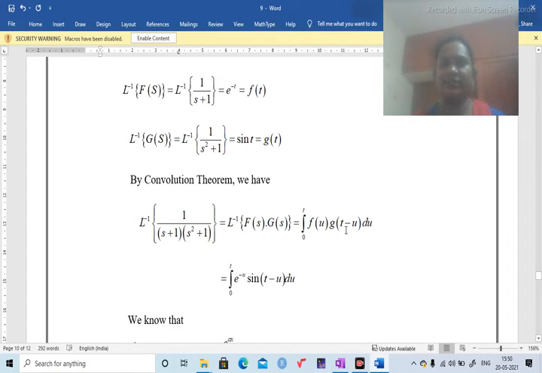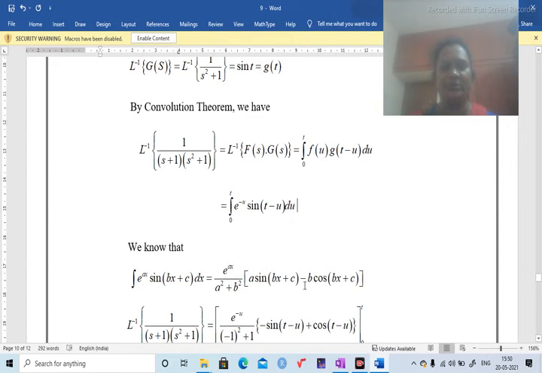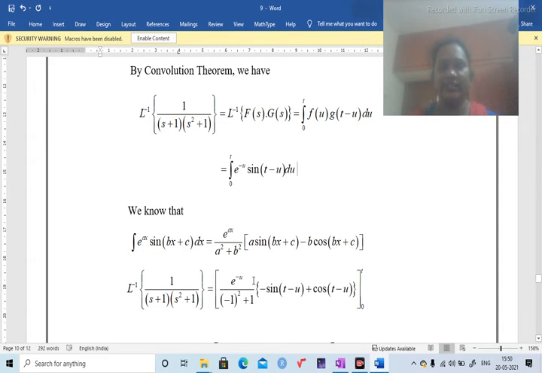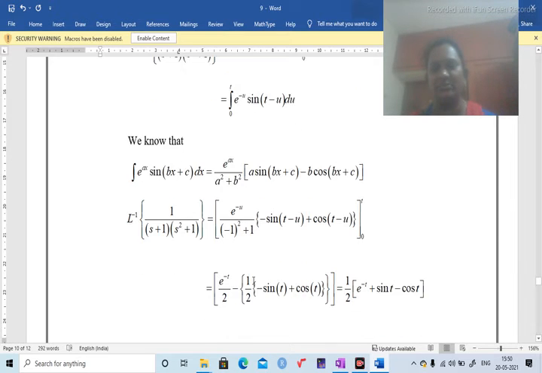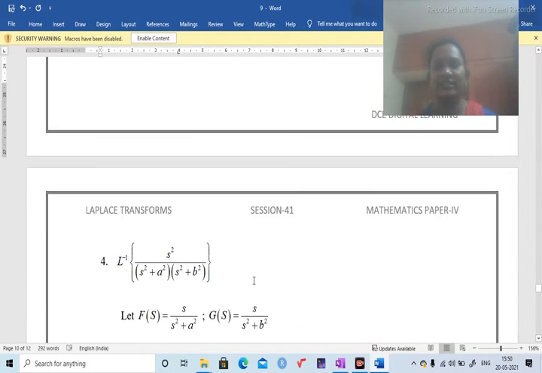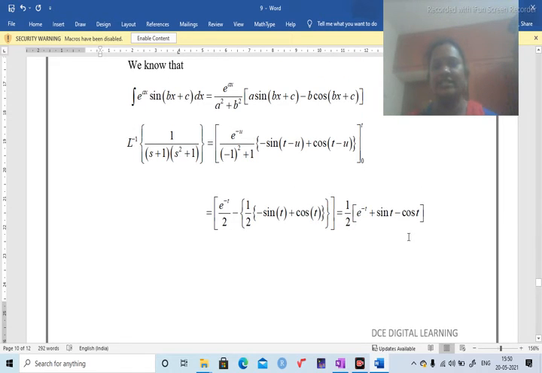Here g of t minus u is there, that means g of t is sin t, means g of t minus u is sin of t minus u into du. So by using the known formula, evaluate the integration value, substitute upper limit first, afterwards minus lower limit, simplify, then you are going to get the L inverse of the given function.